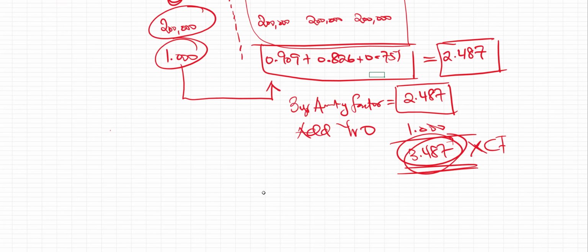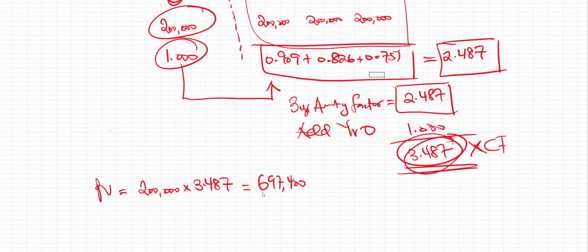So the present value of these cash flows was what? It's the 200,000 we are getting every year, multiplied by 3.487. And that gives us 697,400, right?